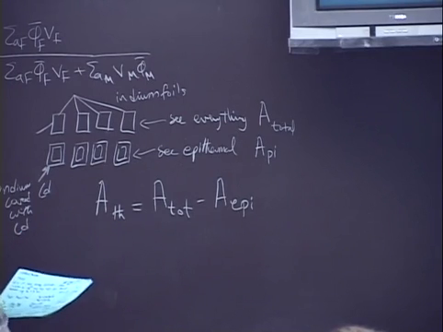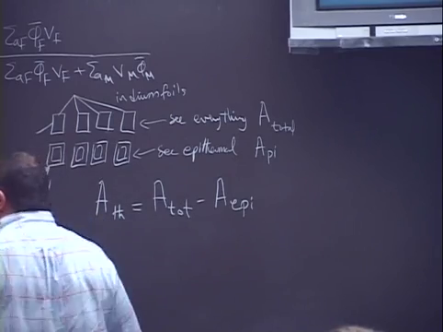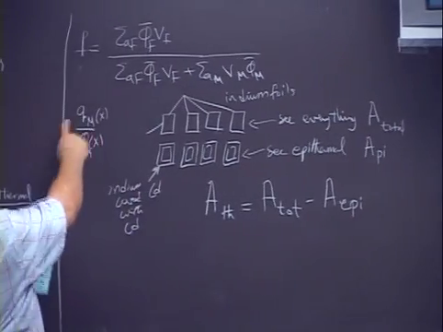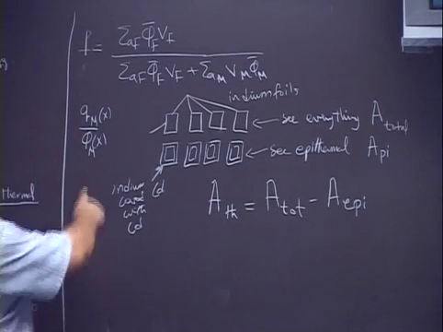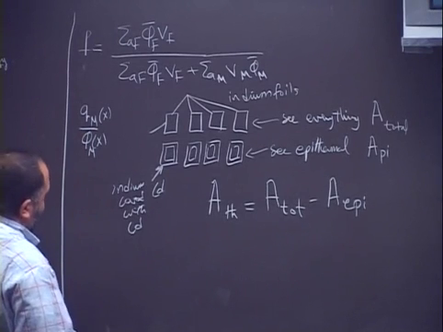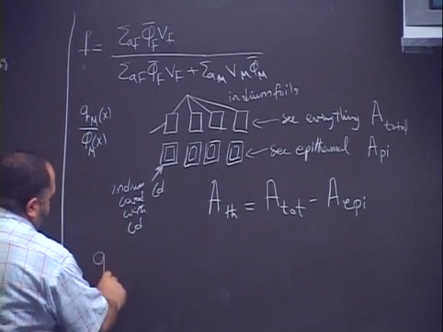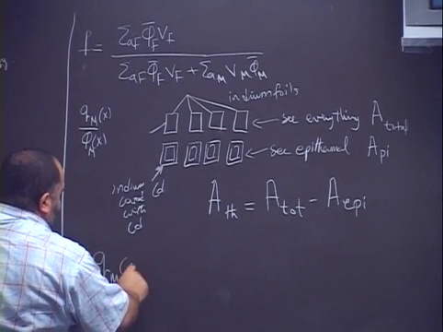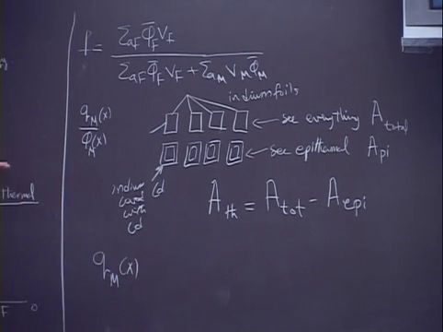So again, if you want to get the slowing down density and the flux, for example, you will assume that the slowing down density, which is the total number of neutrons slowing down beneath the thermal energy region.